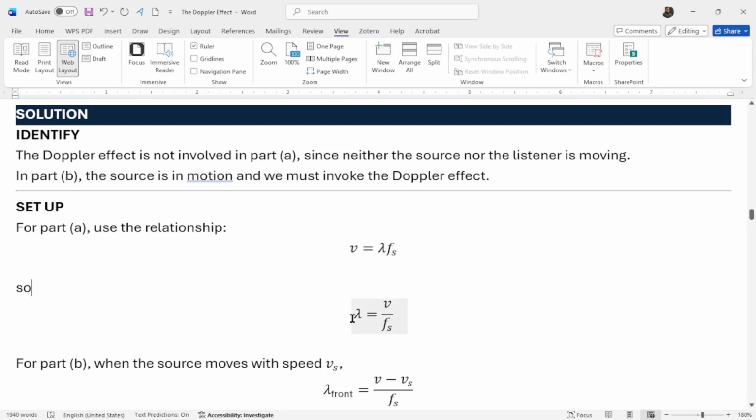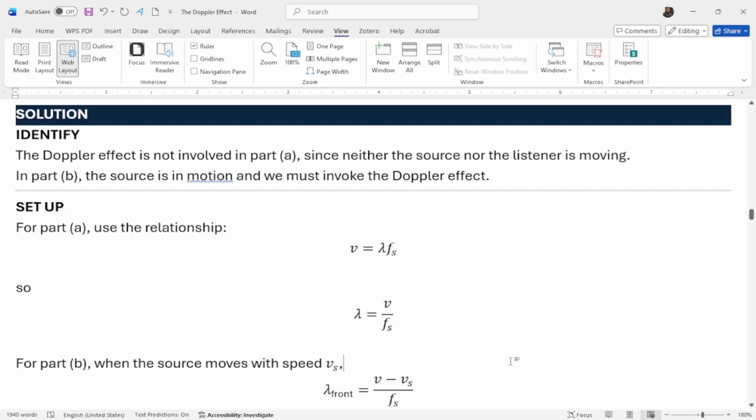The formula that we're going to use is lambda equals v over f sub s. That means we're going to divide the speed of the sound, that is 340 meters per second, by the frequency given by the police siren. This is the formula that we're going to use to determine the wavelength of the sound in part A.